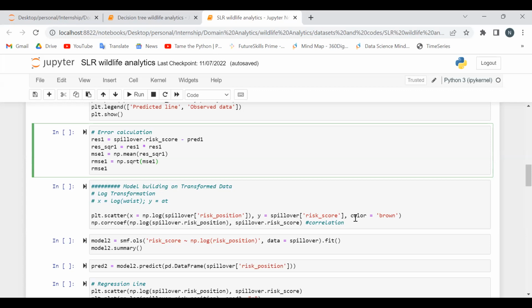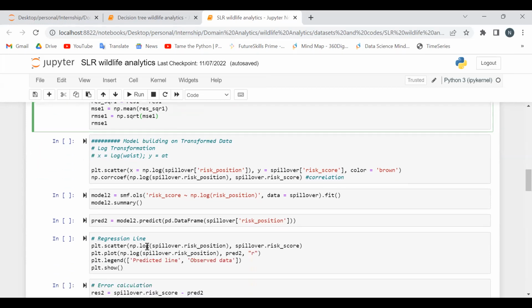We are giving it a color brown. And we are computing the correlation coefficient with np.log of spillover risk position and y as risk score. So this is model 2.